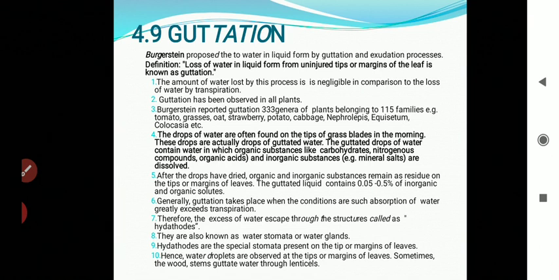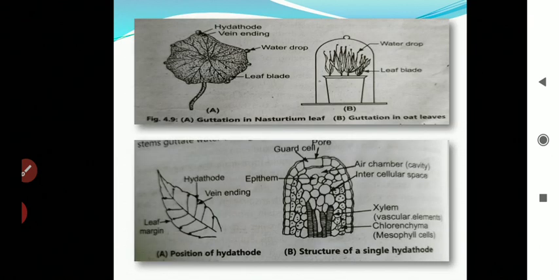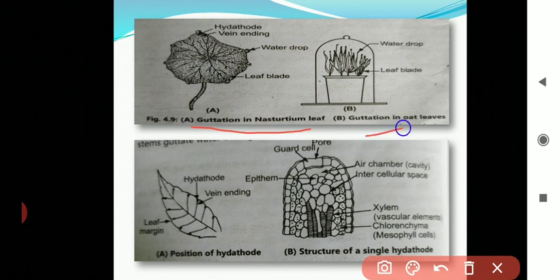So look at the diagram. The upper one is guttation of nasturtium leaf, and here is guttation in oat leaves. Look at the water drops at the margin, or at the tip of the vein there is a water droplet.